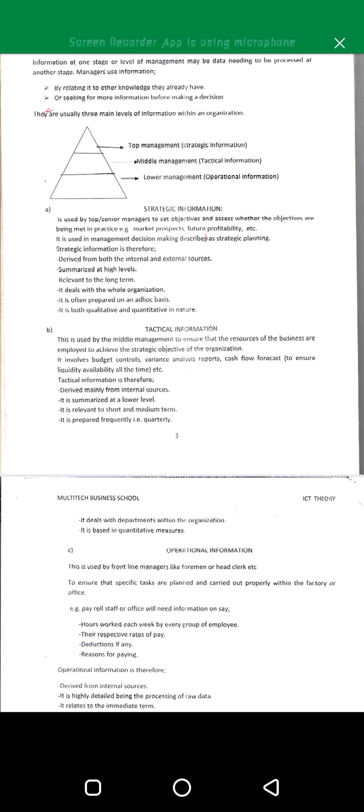For example, amidst this pandemic, institutions have resorted to online studies in order to stay in business and have a competitive advantage over other institutions that cannot cope with the online system, or who do not have the online system.